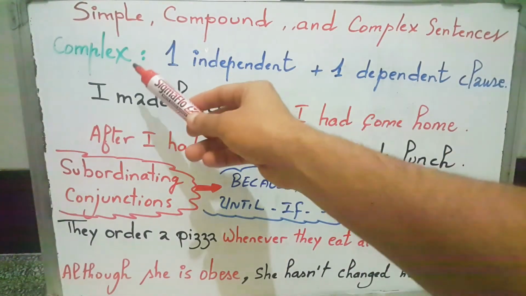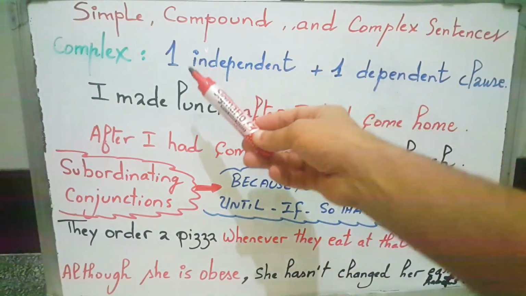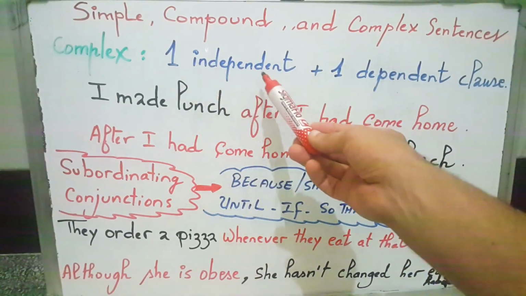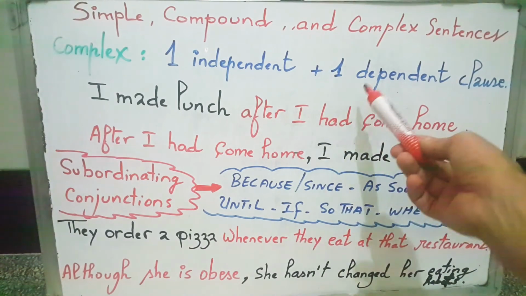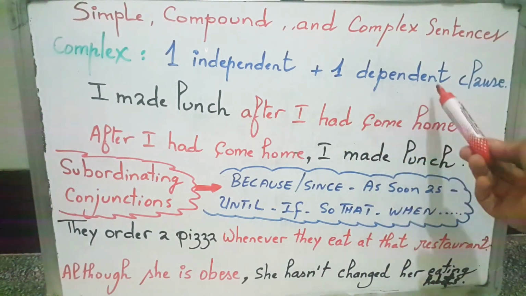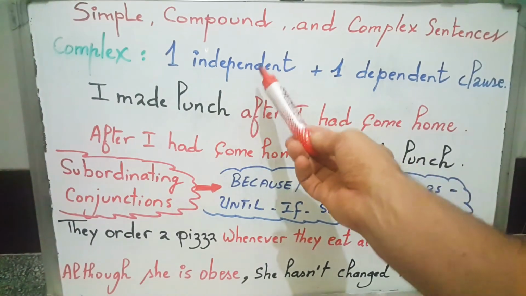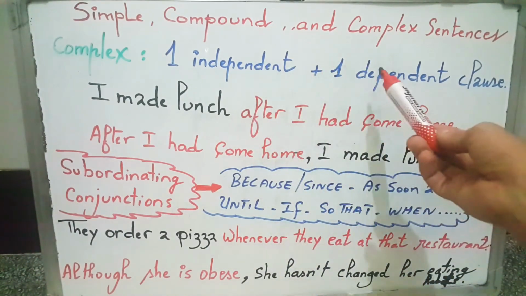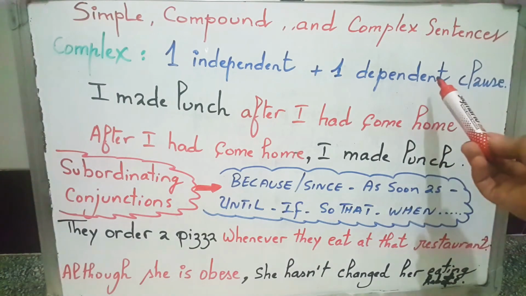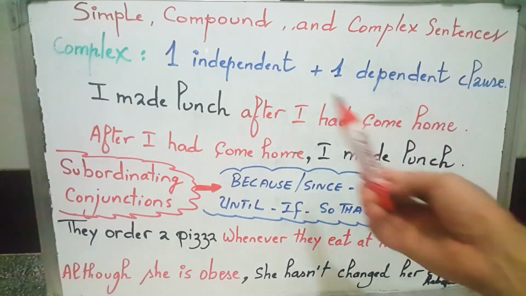Lastly, we have complex sentence which can be made with one independent clause and another one dependent clause. So as I said earlier, independent clause can stand alone and dependent clause cannot stand alone.